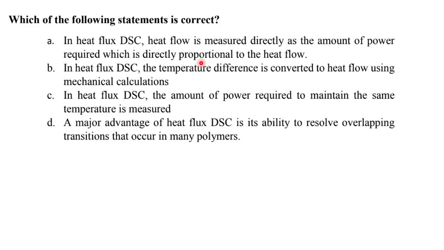And last is the major advantage of heat flux DSC is its ability to resolve overlapping conditions that occur in any polymer. So the answer is B. In heat flux, the temperature difference is actually converted to a heat flow using the mechanical calculation.